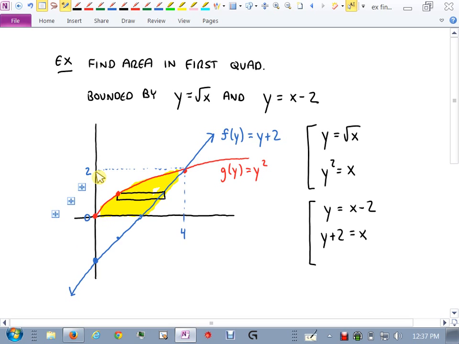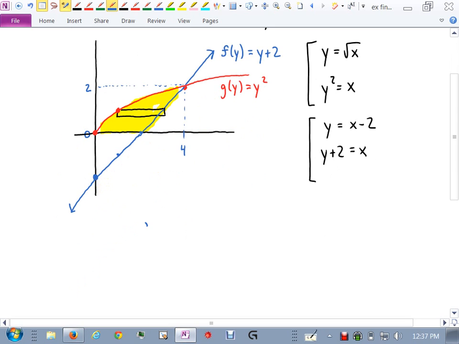So 0 to 2. If I go integral 0 to 2, and I say the f function, y plus 2, minus the g function, which was y squared, dy, we're done. We get the answer. Y'all see it? I'd like to go to Wolfram Alpha.